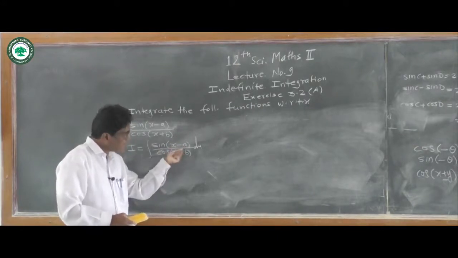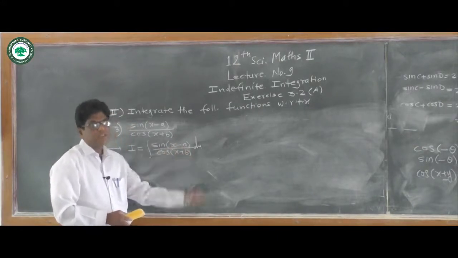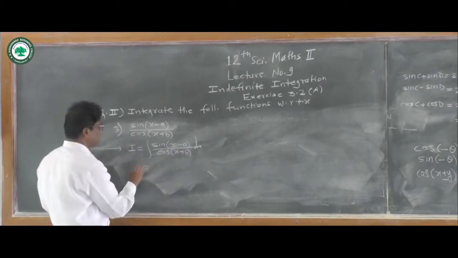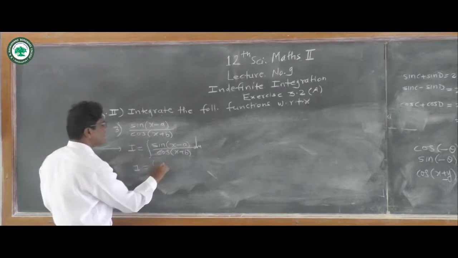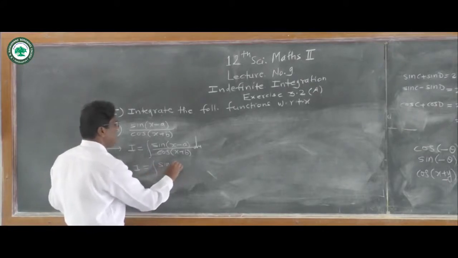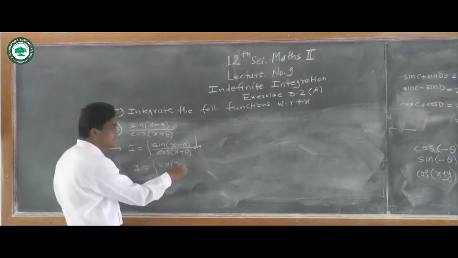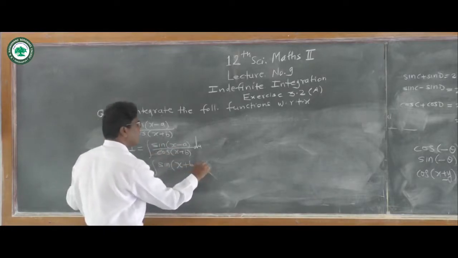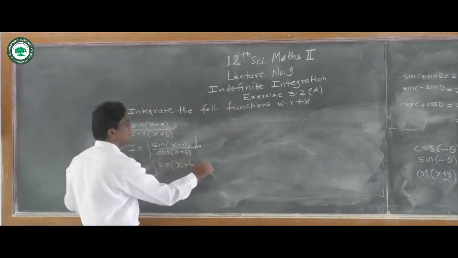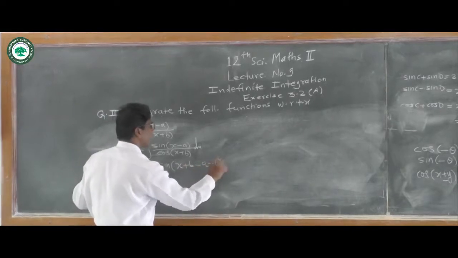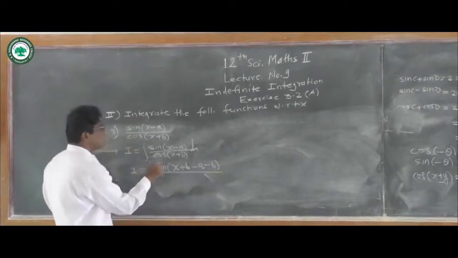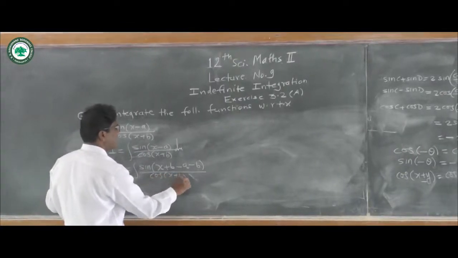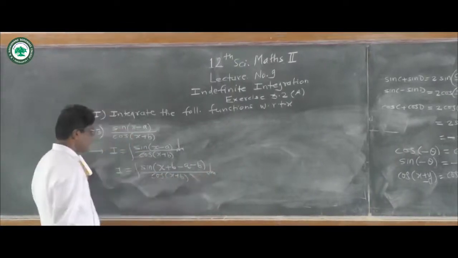So we take plus b and minus b. So I is equal to the integration of sin of x plus b, minus a minus b, divided by cos of x plus b dx.